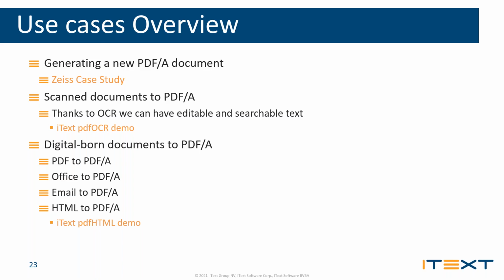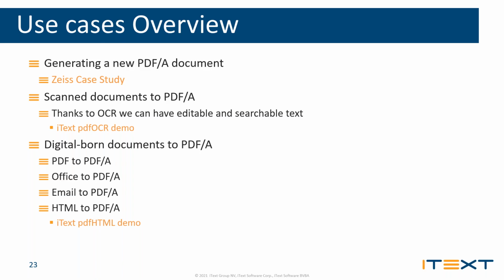I'll show you how Zeiss used iText to create PDF-A files from scratch. Then another use case is going from a flat scan to a PDF-A document. Here, Michael will show you how you can use iText PDF OCR to have editable and searchable text in your scanned document.